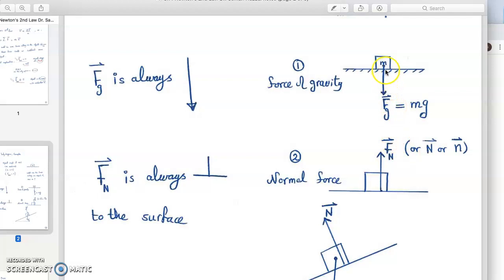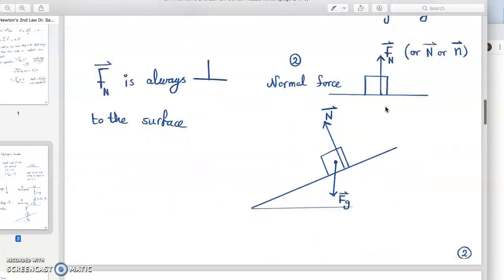They always say the normal force is exactly equal to the gravitational force and opposite in direction because of Newton's third law, action and reaction. But immediately when we saw the inclined plane example, we realized that they are not necessarily equal to each other and opposite to each other. So they are not a pair of action and reaction.